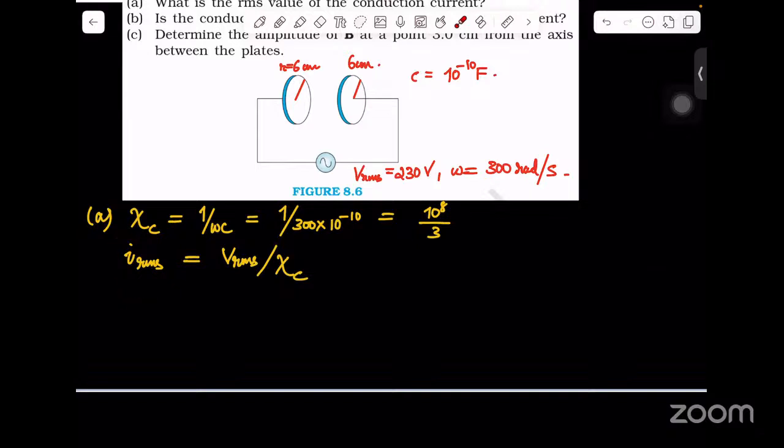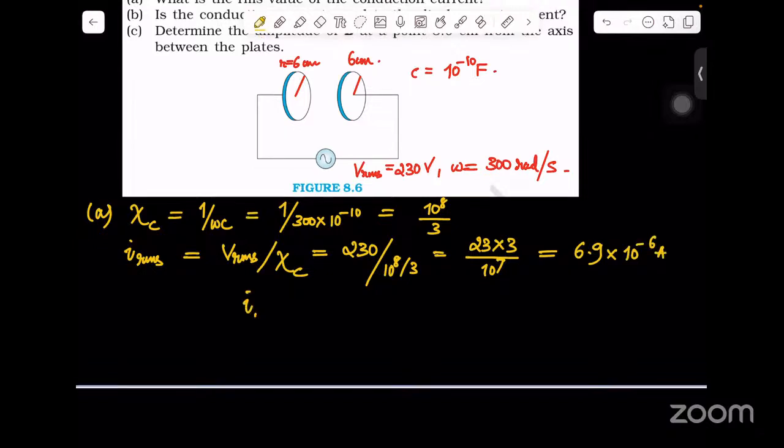So that equals V_RMS, given to us as 230 volts, upon X_C, which is 10 raised power 8 upon 3. So this will be 23 into 3 upon 10 raised power 7. If you solve it, you get the answer as 6.9 into 10 raised power minus 6 amperes.